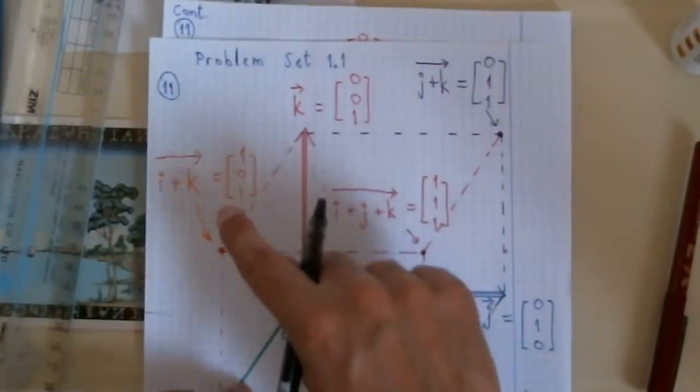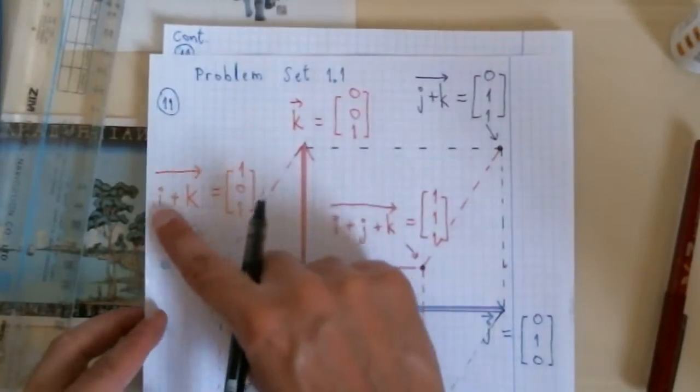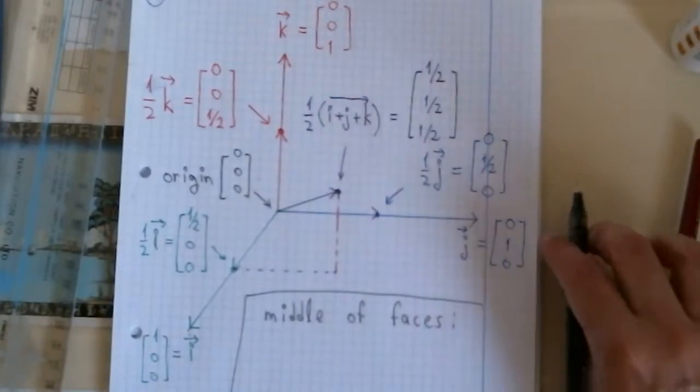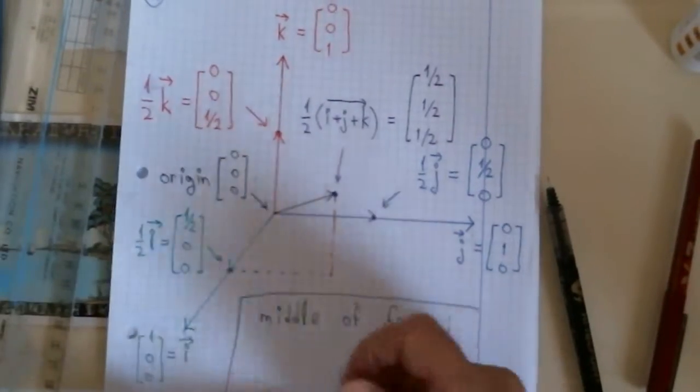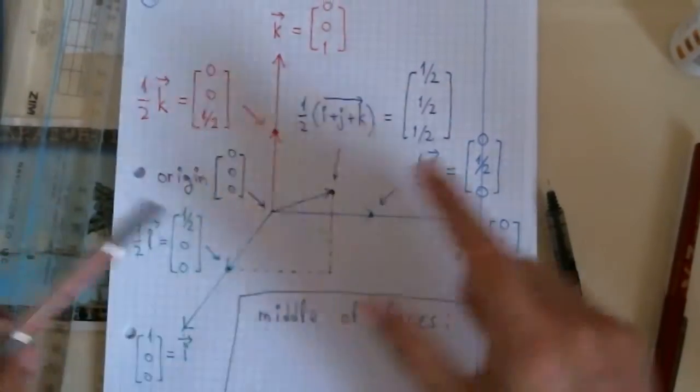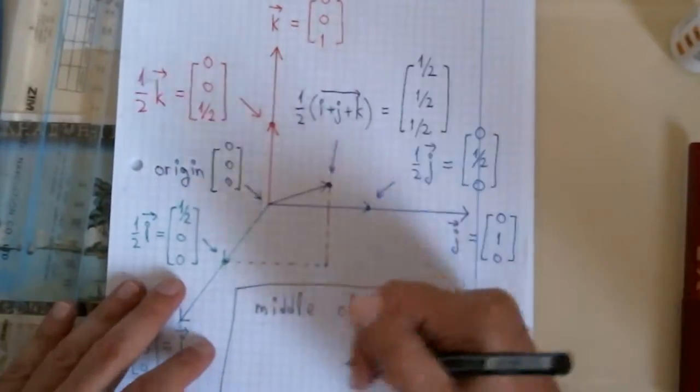We take, for example, the orange face, the i plus k face. Let's make it a table.